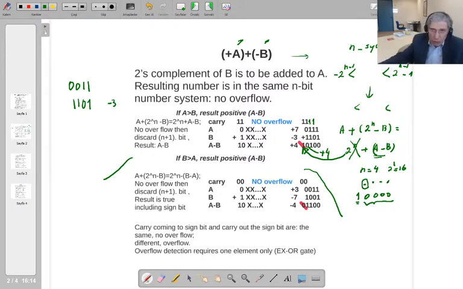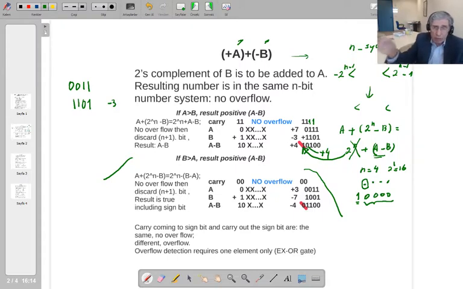So I explain one thing more here. If you are adding two numbers, one of them positive, the other one negative, the resulting number is going to be in the same number system. Why is that?